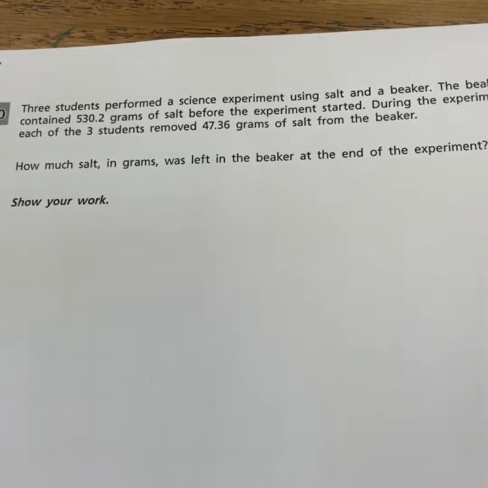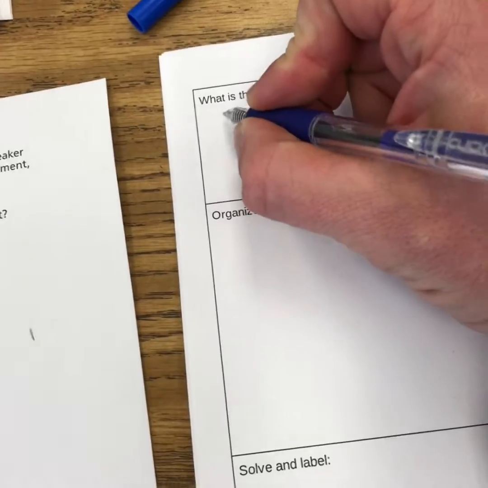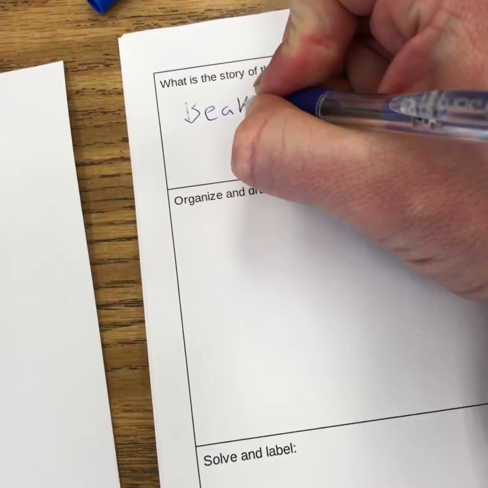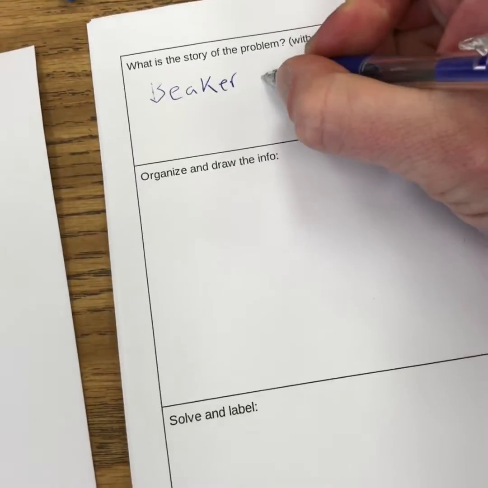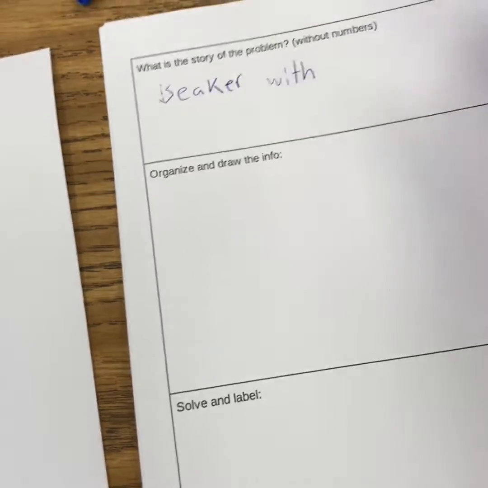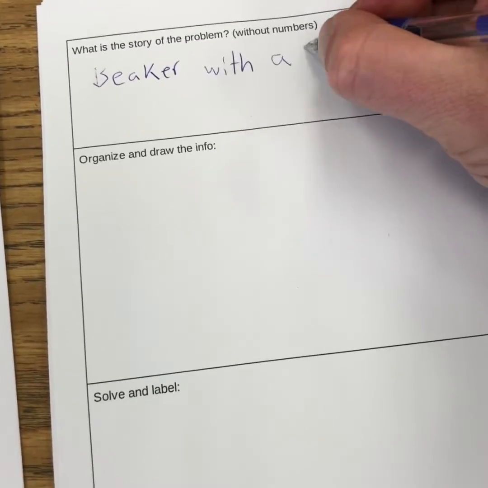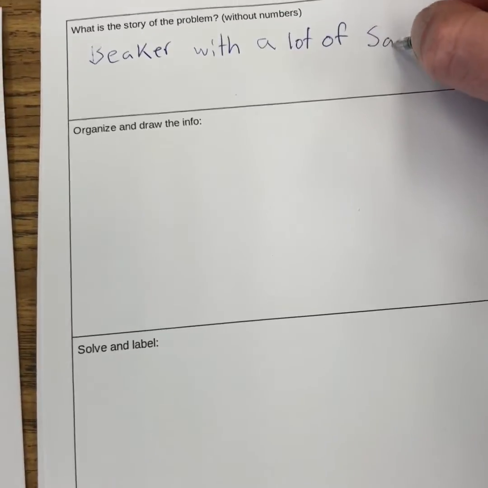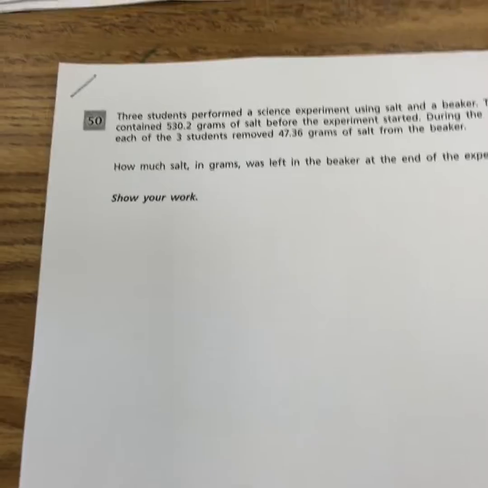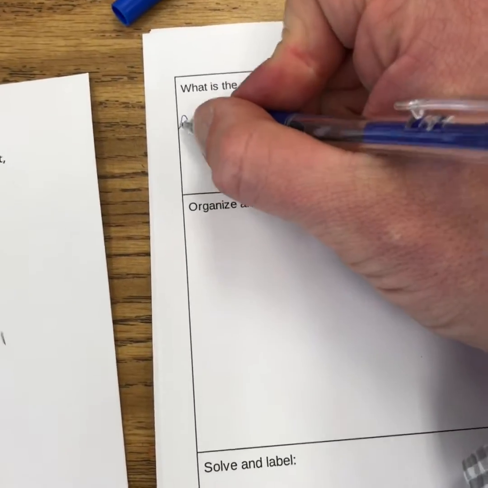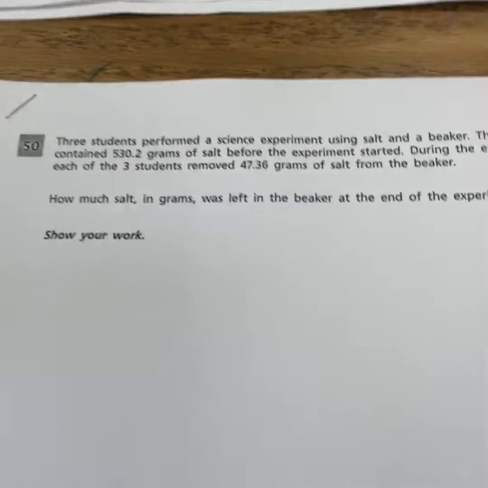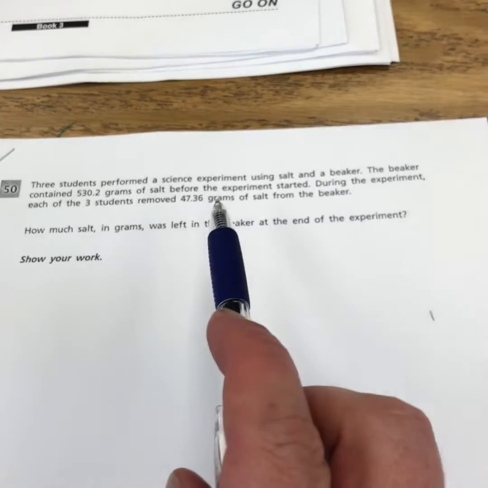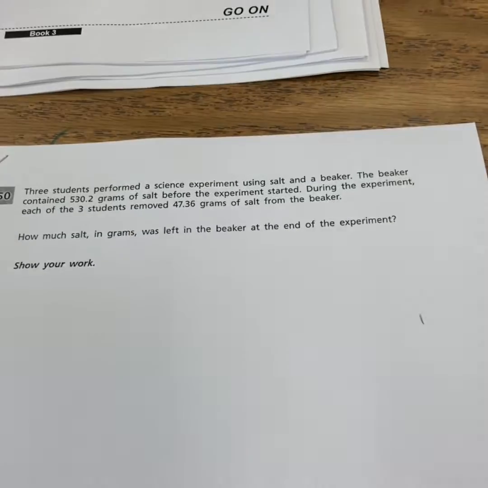So the story is there's a beaker with salt in it, or with a lot of salt. So the first part of the story is there's a beaker with a lot of salt in it. During the experiment, each of the 3 students removed 47.36 grams of salt.